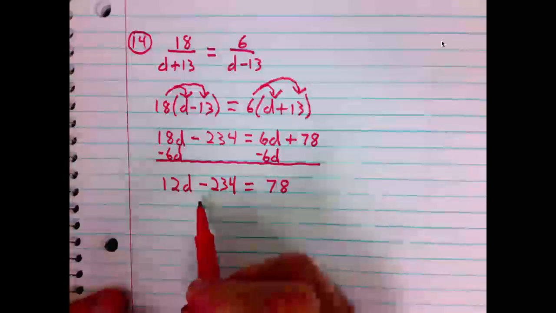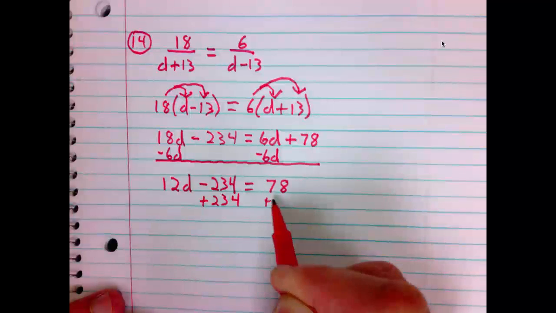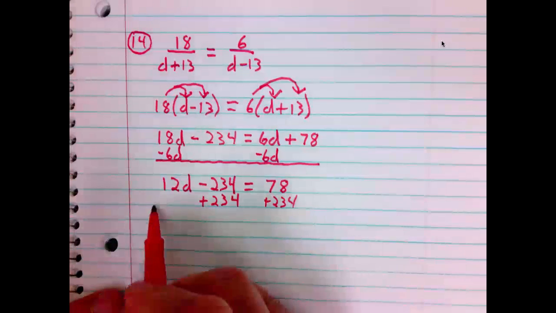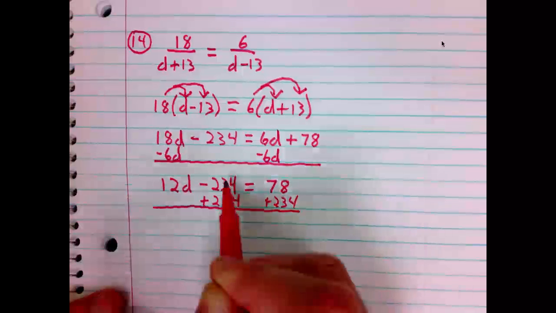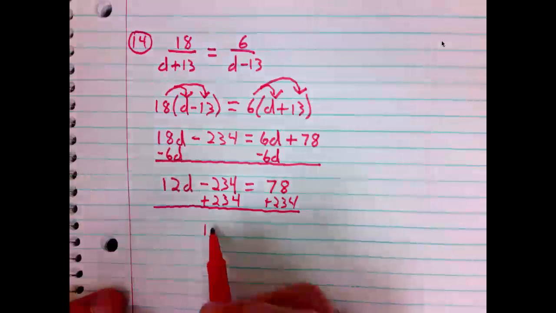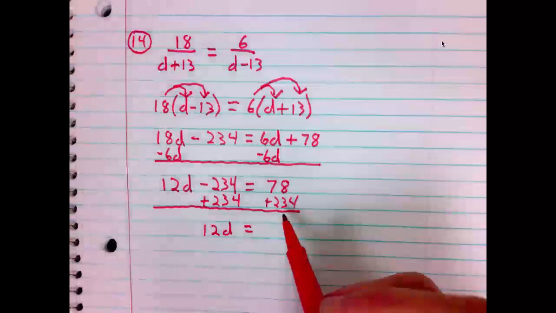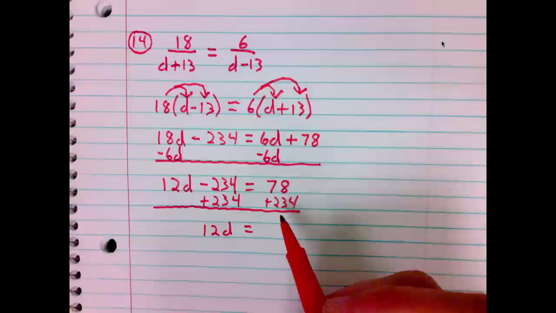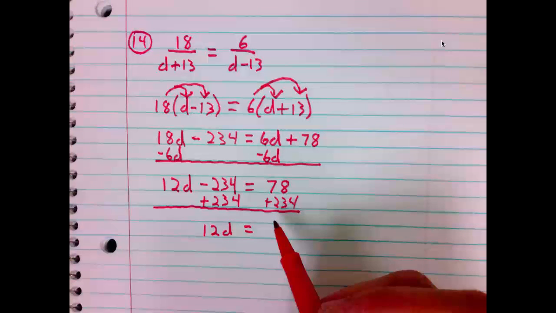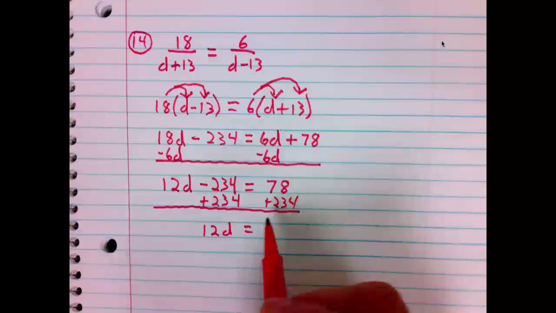Solving for d, I will add 234 to both sides. Negative 234 added to 234 is 0, leaving 12d. 78 plus 234, using your calculator, equals 312.